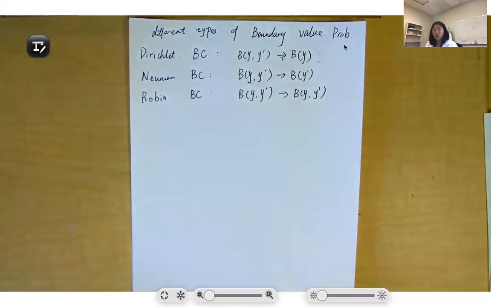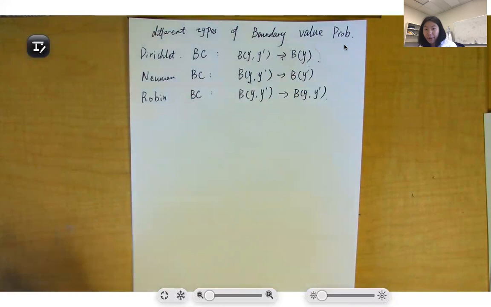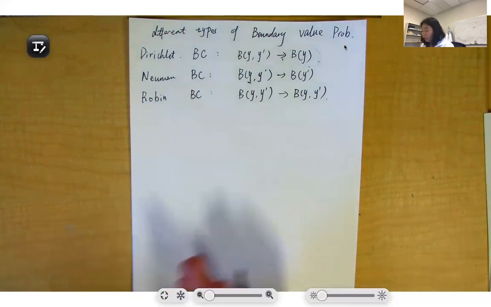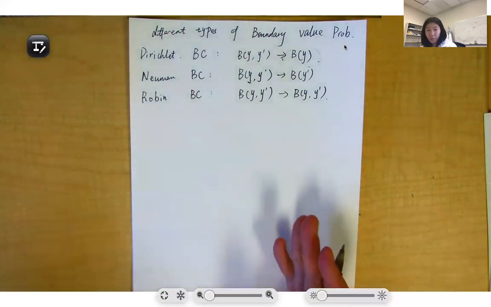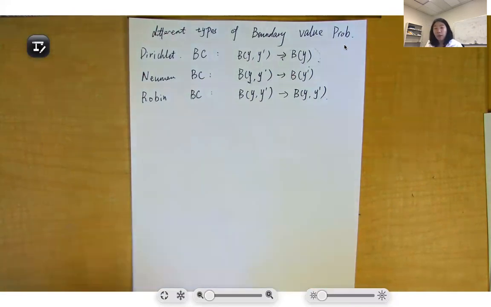That differentiates the types of boundary value problem, and we will solve it differently using the shooting method and the finite difference method. And next, we will give examples about boundary value problem.